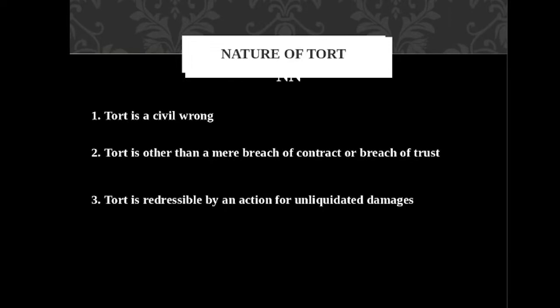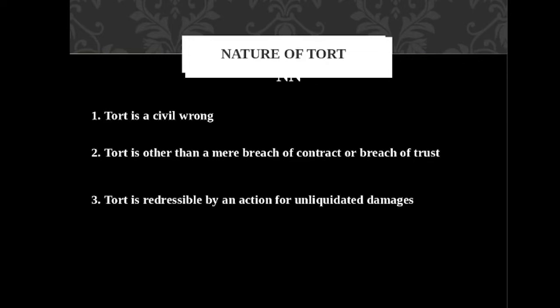The sufferer is compensated monetarily when it comes to the civil side. Sometimes it is possible that the same deed done by a person may result in two wrongs, that is a crime as well as a tort at the same time. So in such a case, both the civil and criminal remedies would concurrently be available. So there would be civil action requiring the defendant to pay compensation as well as criminal action awarding punishment to the wrongdoer.